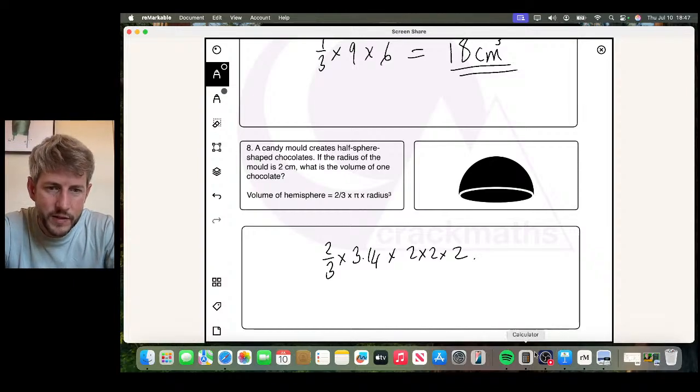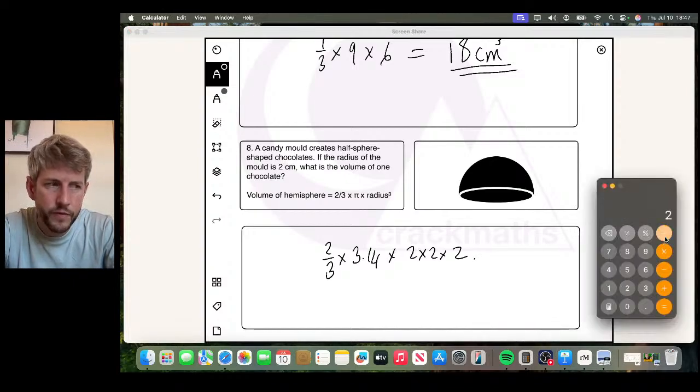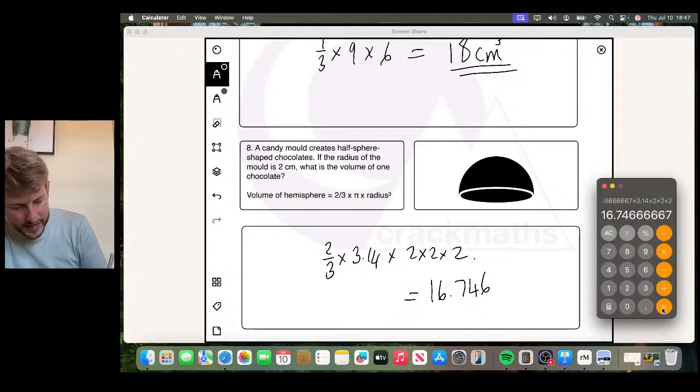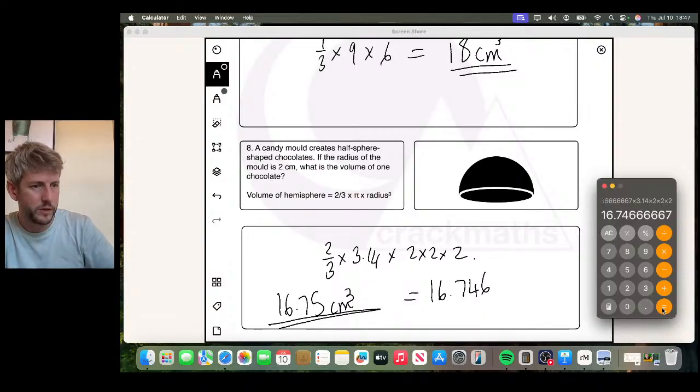Let's do this on the calculator. 2 divided by 3 equals 0.666 times 3.14 times 2 times 2 times 2. This is going to be 16.746. And remember, it's 2 decimal places this time. So this is 16.75 centimeters cubed as the answer.